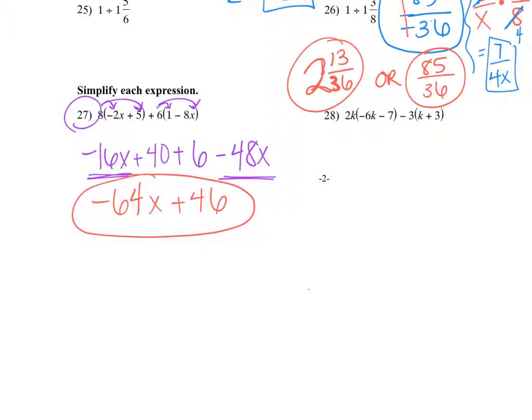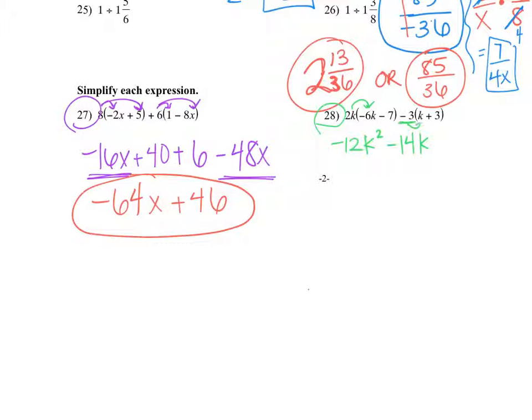So let's try to do the next one, which is 28. And 28 has a 2k. So 2k times negative 6 would be negative 12. And a k times k is k squared. You add the exponents. Okay, so 2 times negative 7 is negative 14, and you still have that k there. I'm going to do the same thing here for my negative 3.